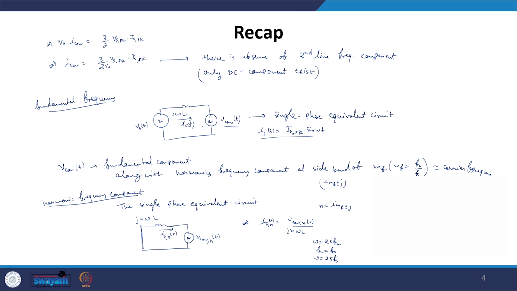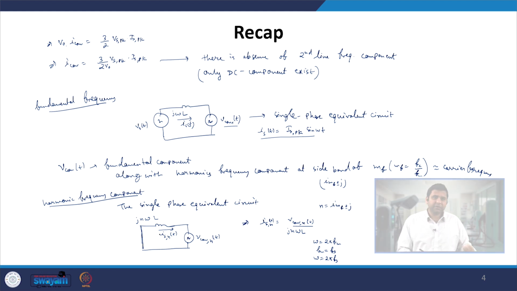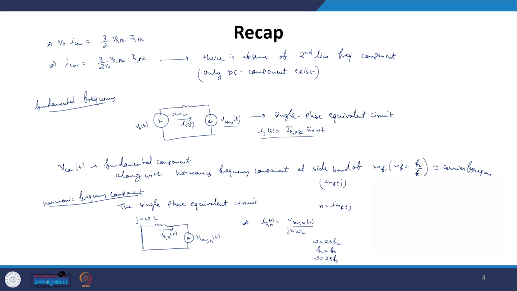So, this is the component of the voltages which will be applied at the output of the half bridge, and then we have the inductor. However, in the AC voltage source we have pure AC. So, for the harmonic frequency component circuit, or single phase equivalent circuit, what we see is that there is no component of voltage from the grid, because the grid is pure AC.